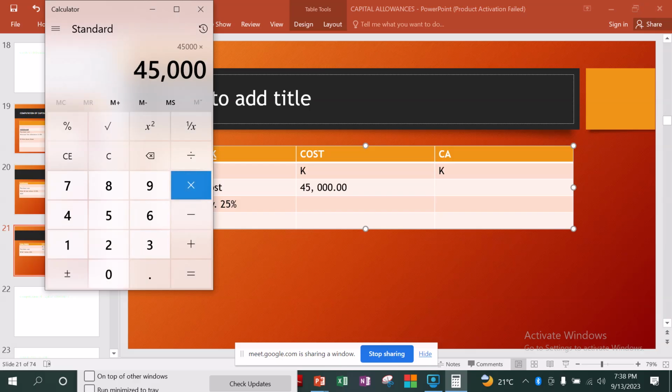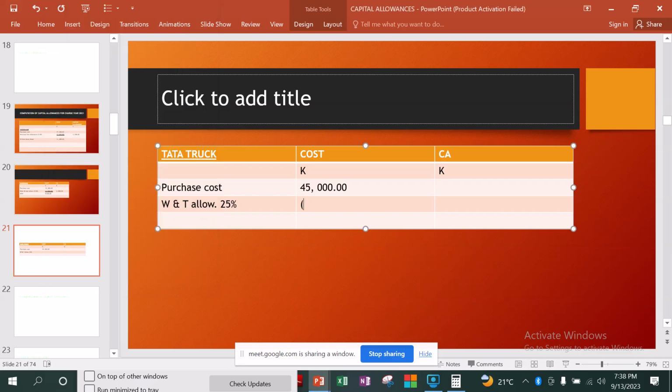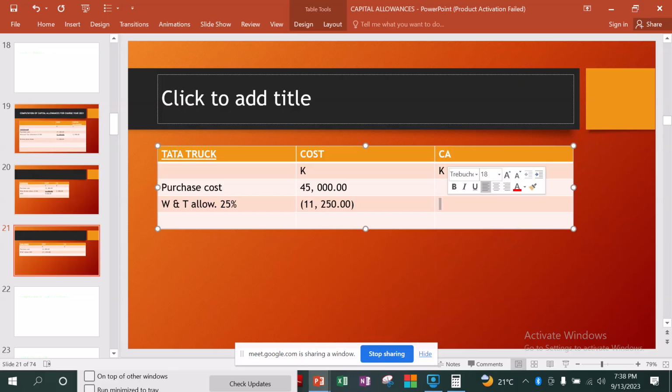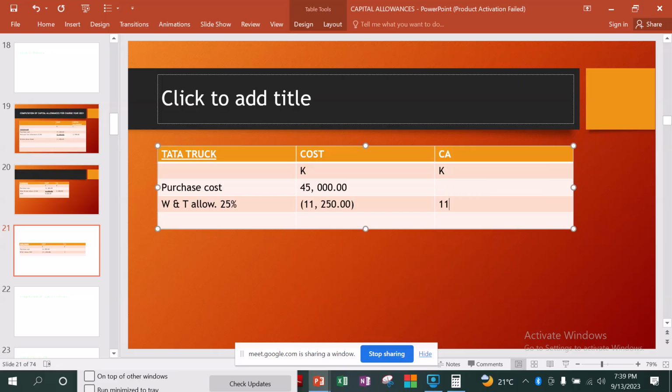It is 11,250. Okay, that is 0.25. Indeed, you get 11,250. So we pick it and put it here. We register that as the capital allowance, 11,250.